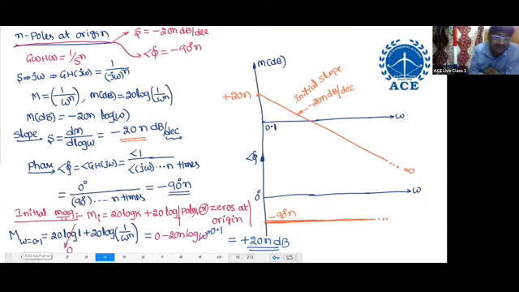Similarly, you draw for n zeros at origin. Come on, try. N zeros at origin, you try. Here, in the numerator, what is the k value? From the first class onwards, I am telling you, k is the system gain. What is the gain here? 1.